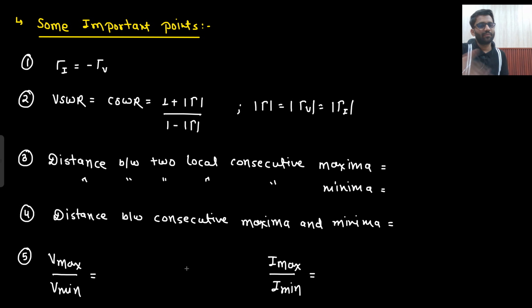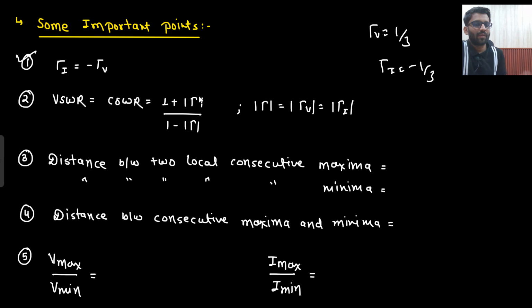These are the general conclusions which will be applicable for everyone. Your current reflection coefficient will be the negative of the voltage reflection coefficient. The value of your standing wave ratio is 1 plus mod of gamma divided by 1 minus mod of gamma. Now mod of gamma will be equal for both, because they differ only in sign. If I get the voltage reflection coefficient as 1 by 3, then the current reflection coefficient will be minus 1 by 3.